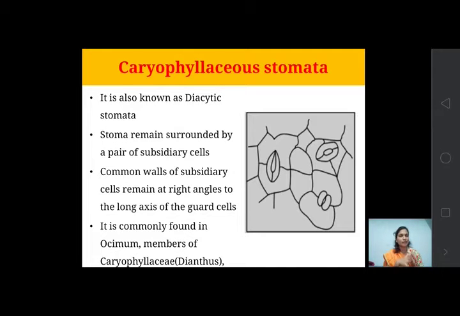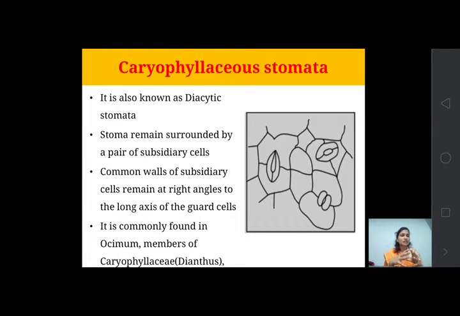fourth type of stomata, that is known as the caryophyllaceous stomata. In case of caryophyllaceous stomata, also known as diacytic, it is opposite to the paracytic. How is it opposite? In case of paracytic, the subsidiary cells are present parallel to the central axis. But in case of diacytic stomata, these subsidiary cells are present perpendicular to the long axis or the central axis of the pore or the guard cells.